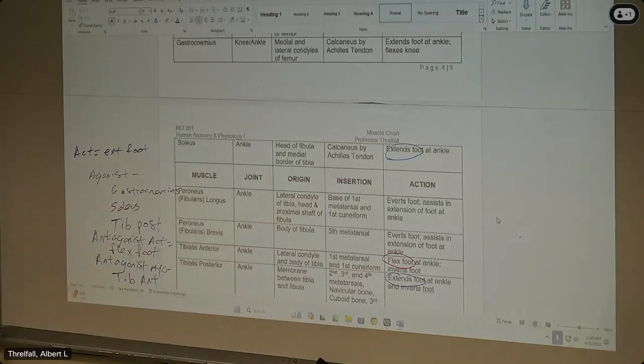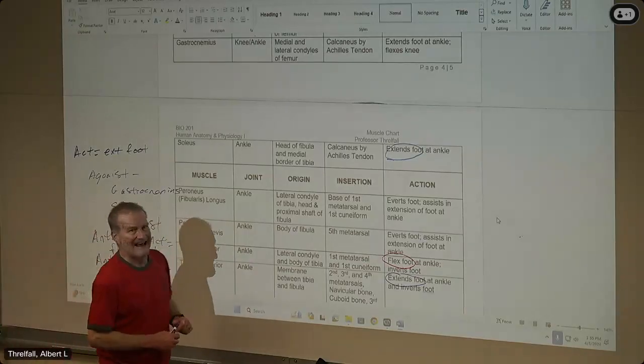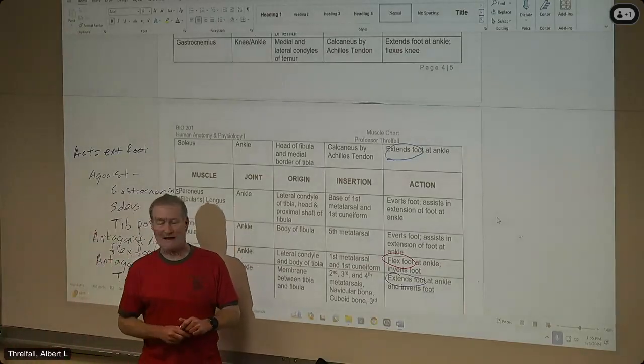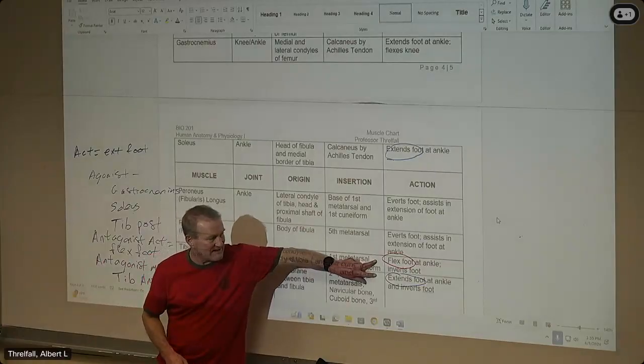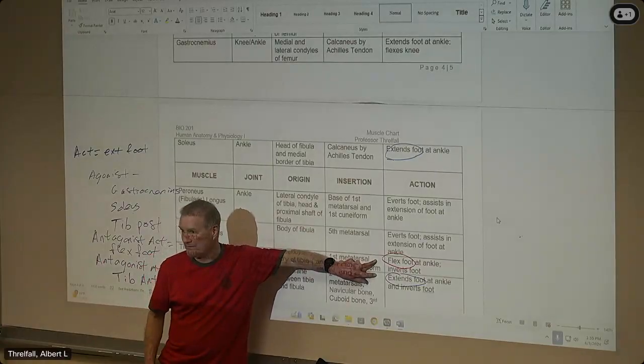So now focusing on the two at the bottom to finish this up. You have told me that the tibialis anterior and tibialis posterior are an antagonistic muscle pair because one extends the foot and one flexes the foot. Are they also an agonistic muscle pair? Look at the actions.